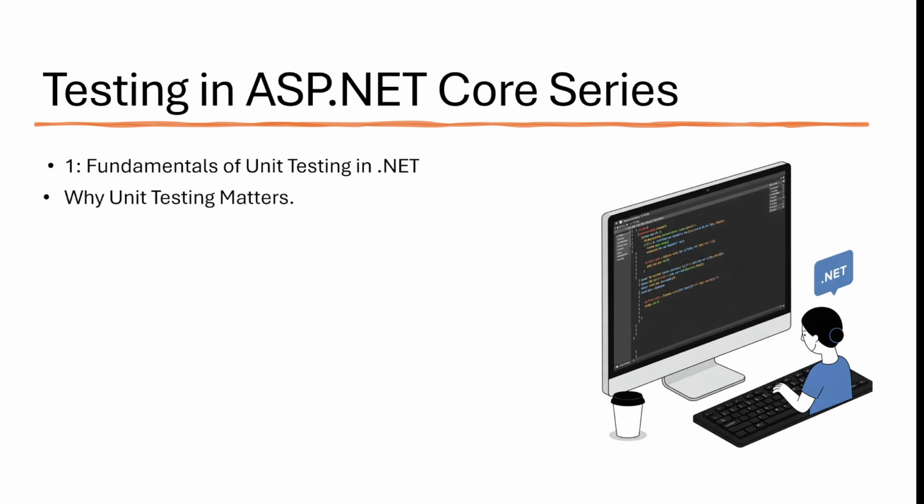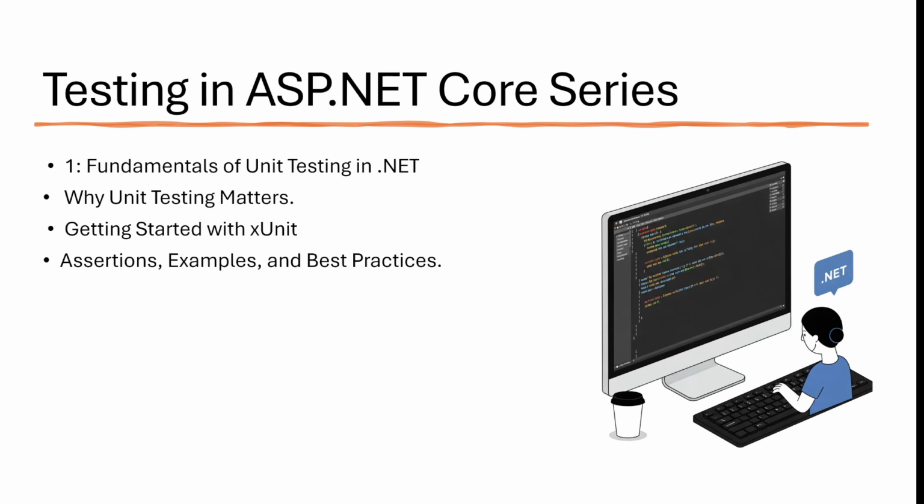So we'll be looking at some concept of unit testing and why it matters, why do we need to write it, and we will be getting started with xUnit. So this time around, we'll be looking at some of the tools that we need to use whenever we are writing a test. What are some of the tools or library or packages around .NET that we can use to do our testing?